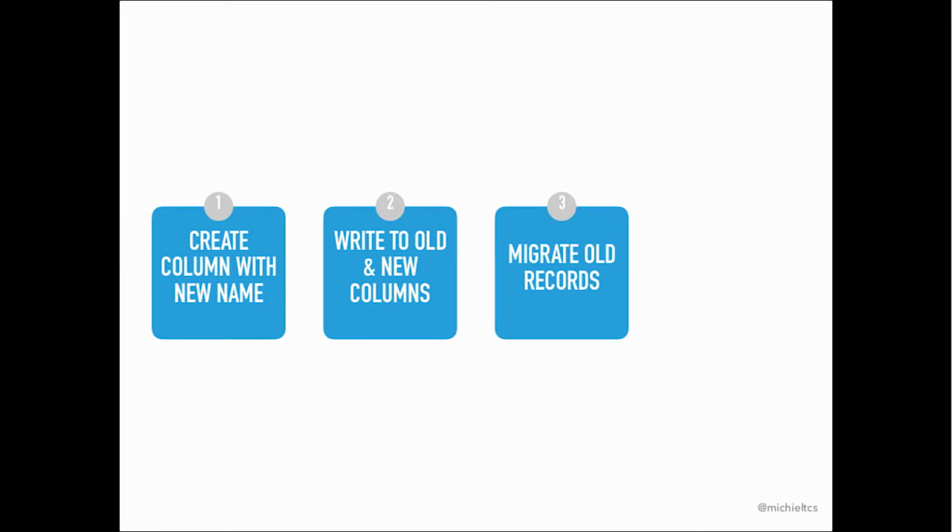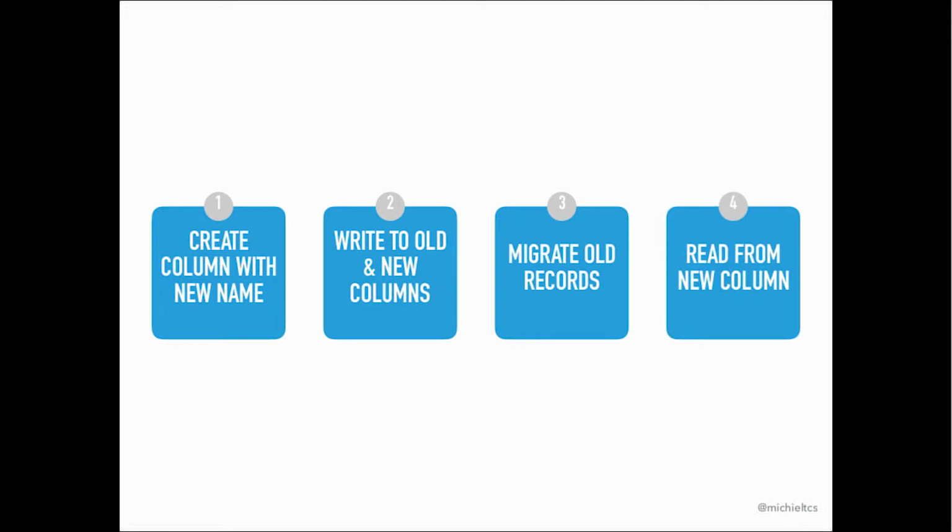And then in the third step, we migrate anything that is left behind, that we didn't touch. And then the fourth step, we read from the new column, at which point the old column is no longer used, and we can enter the contract phase. So the first part starts the expand phase, and then we're in the contract phase, and we can remove the old column and the associated code.